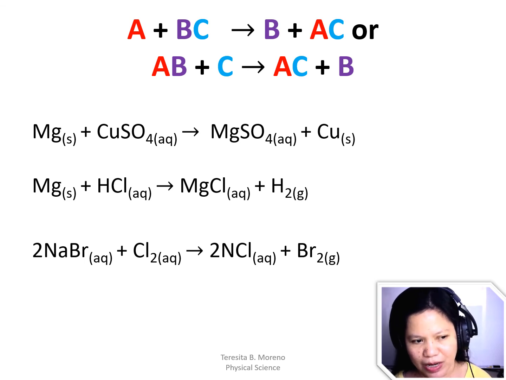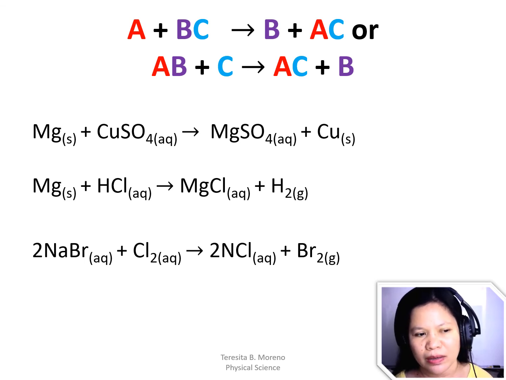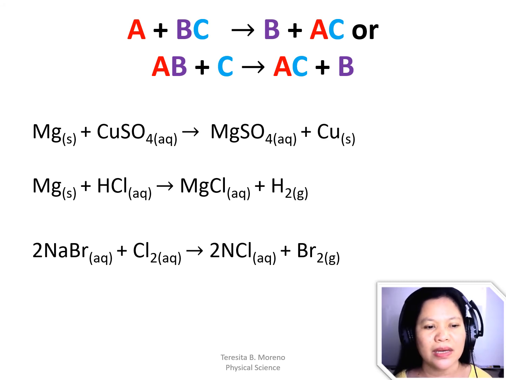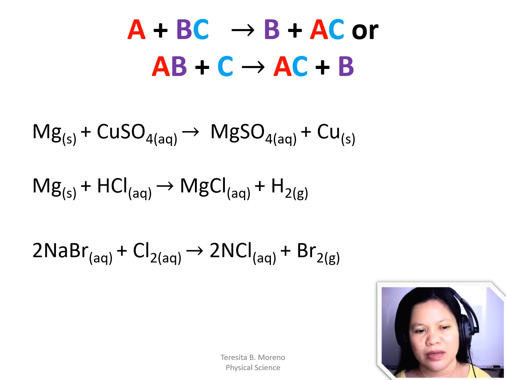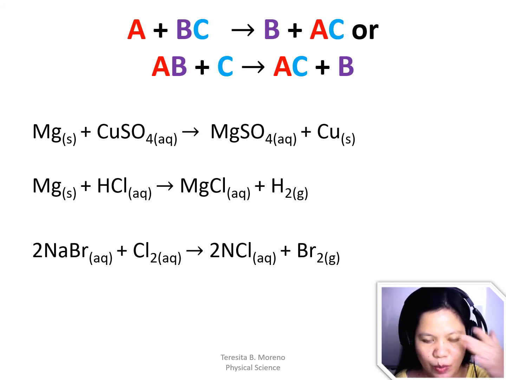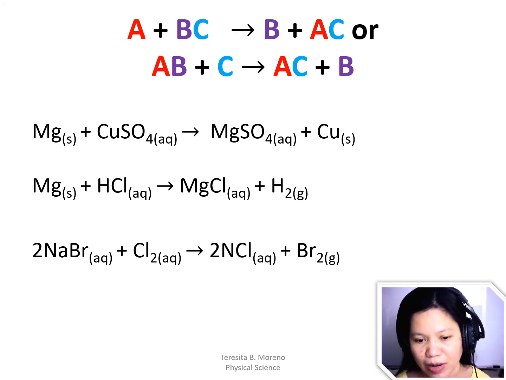Another example, you have two molecules of sodium bromide plus chlorine gas. It will yield into nitrogen trichloride and bromine gas. So you will find out why we use trichloride.